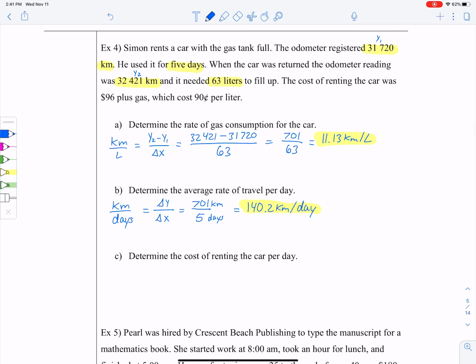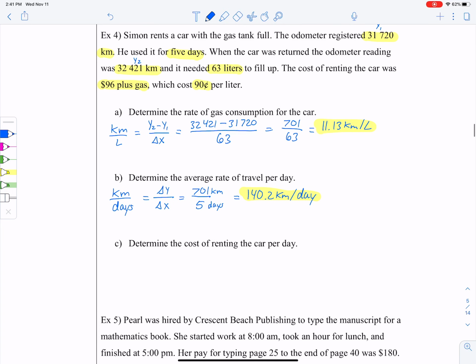Determine the cost of renting the car per day. All right, so for cost, we know that it costs $96 plus gas, and the gas is 90 cents per liter. So we need to figure out how much the total cost was. For gas, if it's 90 cents a liter, in dollars that's $0.9, and we use 63 liters.